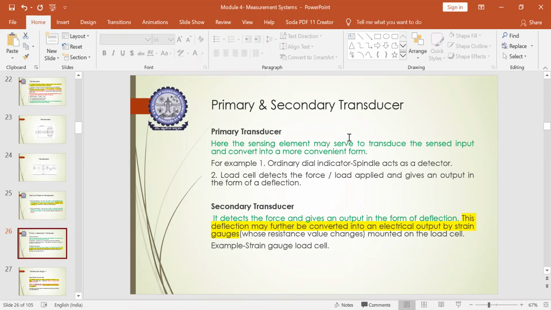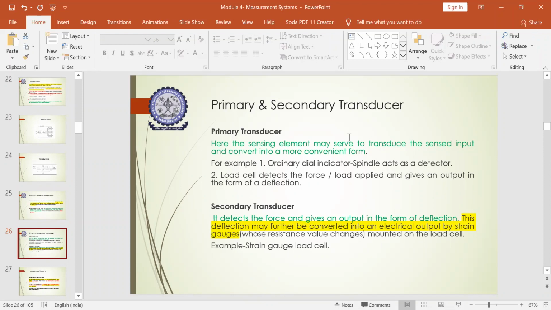But if it converts into a readable form, it will be more convenient for humans to get the data which deviates from the standard value, right? It does not convert the energy from one form to the other, but it helps in expressing the received data in a convenient way so that it is easily readable and measurable.